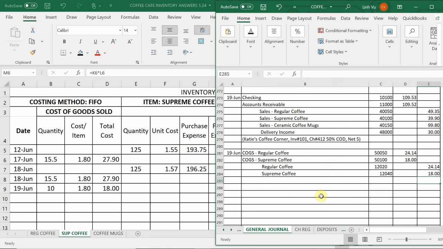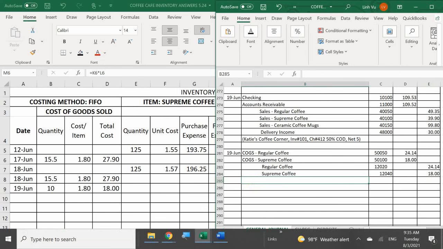Okay. And for my note, I'm going to say that these pounds I sold to Katie's Coffee Corner with invoice number 101. Just in case Katie comes around one day and wants to return some of those pounds of coffee, because we are to them a vendor, right? We are the wholesaler. We're reselling the product to them.